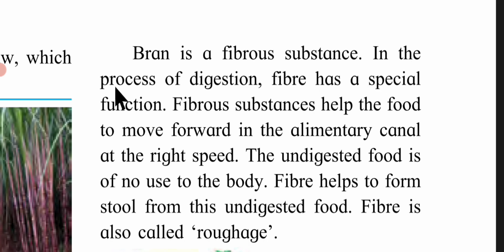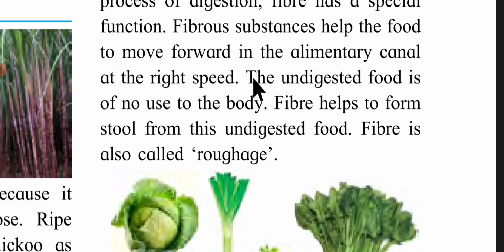In the process of digestion, fiber has a special function. Fibrous substances help the food to move forward in the alimentary canal at the right speed. The undigested food is of no use to the body. Fiber helps to form stool from this undigested food.